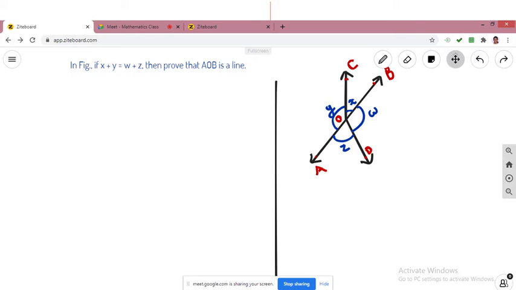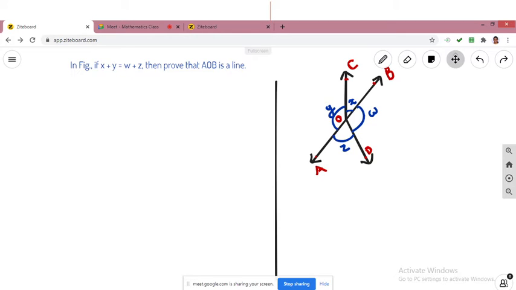Can you see? Harika, can you see that? Okay, what about others? Everyone can see? Yes, ma'am. We can see.